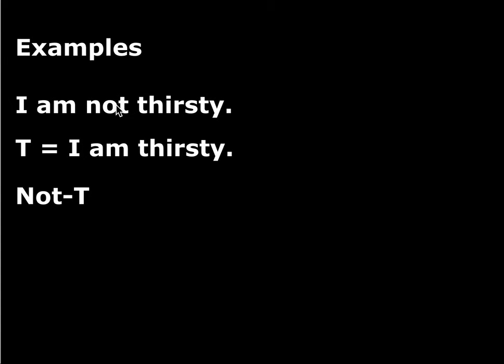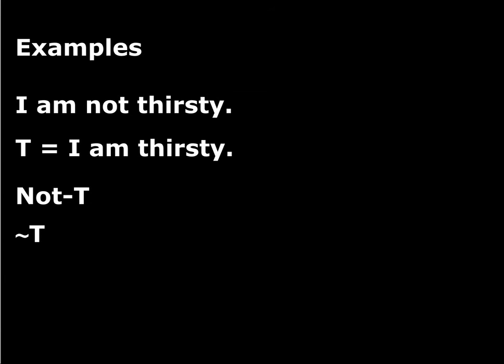What's left is the not. So when I rewrite this, plugging it in, I get not T. Now the next stage is I'm going to translate the not into notation. And remember, not is just a negation. That's just tilde. So the translation of this into our formal notation is tilde T.